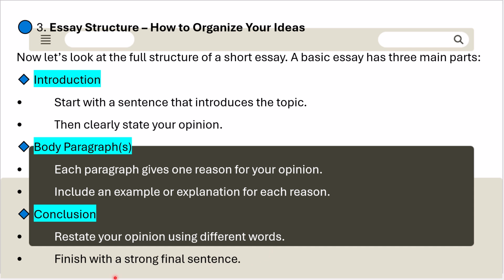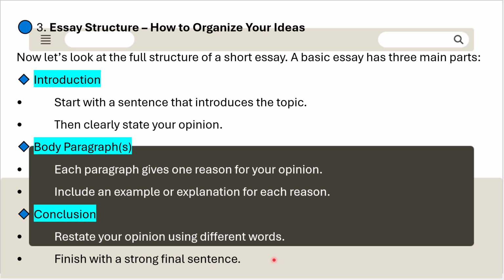And also keep in mind that your writing should be clear, connected, and easy to follow. Try to use linking words like firstly, moreover, however, in conclusion. These are for contrast and adding details.